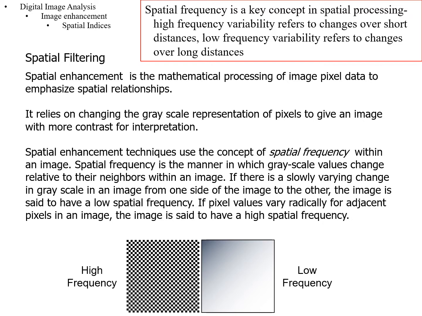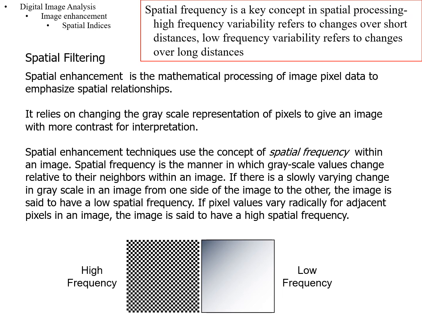So we use the concept of spatial frequency within an image. Spatial frequency is the manner in which grayscale values change relative to their neighbors. If there's a slowly varying change in grayscale in an image from one side to the other, like in the bottom right there, then that image is said to have a low spatial frequency.